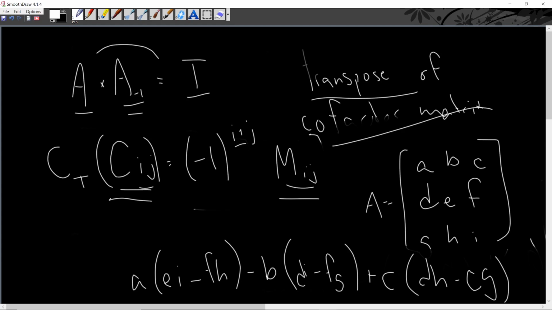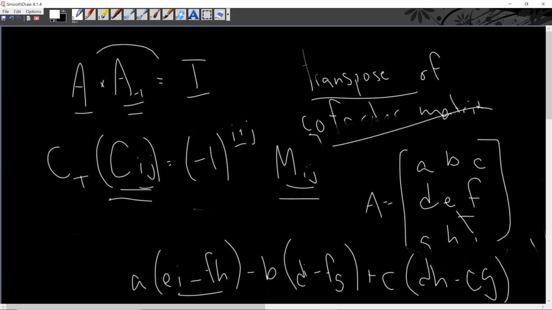But you can also think of this as the formula of the minors. The first term is EI minus FH.